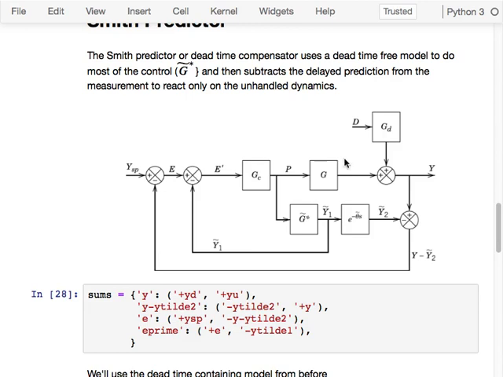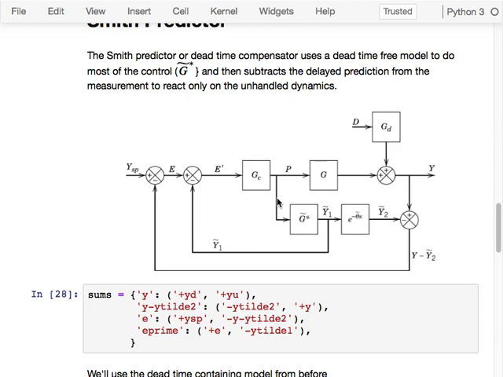But fundamentally, I will never be able to get away from the fact that the actual system has some delay. And so even with the compensation, the best I can hope for is to get the same set point tracking, because with set point tracking and the perfect model, everything is known to me. There's no unknown stuff happening.